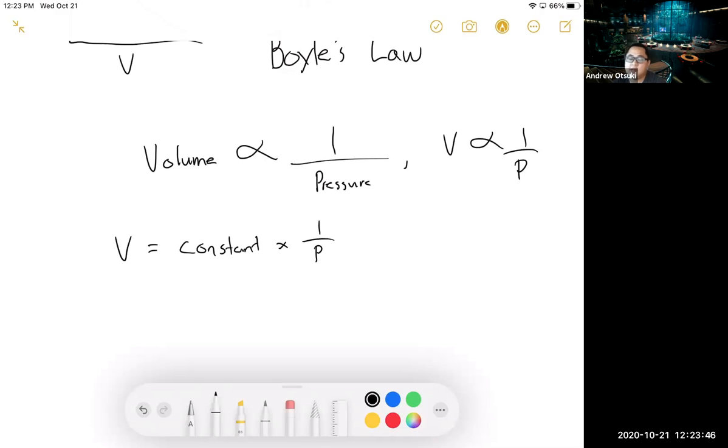We need a constant because it allows us to go from just saying that it's proportional to actually using numbers, because that constant allows us to use equations.